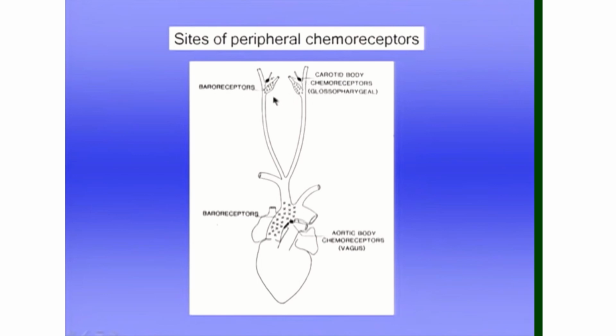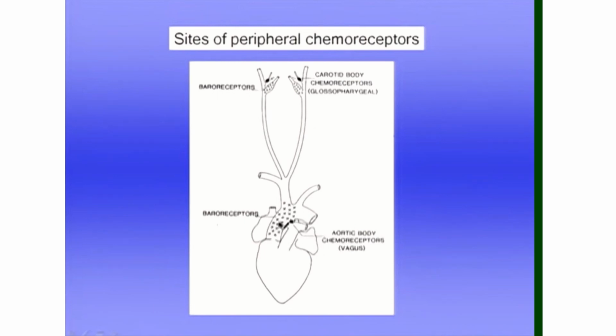Incidentally, the information from the carotid body chemoreceptors goes to the brain via the glossopharyngeal nerve, that's nerve number 9, whereas the information from the aortic body chemoreceptors goes to the brain via the vagus, that's cranial nerve number 10.